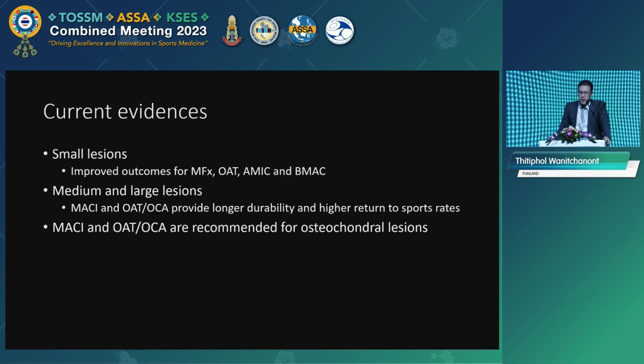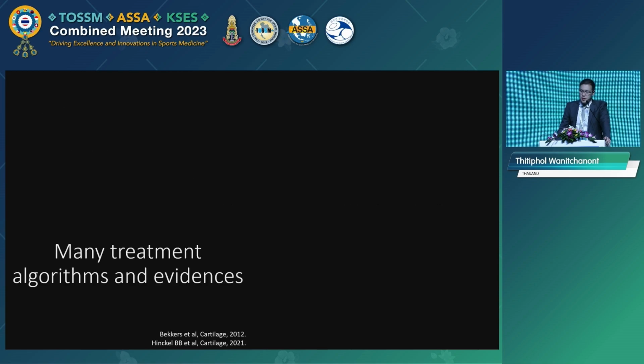With the current evidence, for small lesions the outcomes improved with microfracture, OAT, AMIC and BMAC, which Dr. Mant will talk about later. For medium and large lesions, MACI and osteochondral transplantation provide longer durability and higher return to sport rates. And MACI and OAT are recommended for osteochondral lesions.